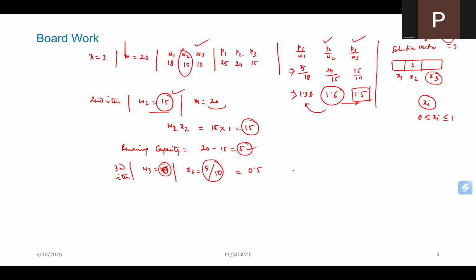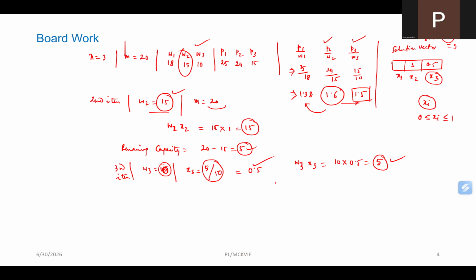How much weight can you take from the third item? It is W3 into X3. W3 is 10 and X3 is 0.5. That indicates 5, so the remaining capacity will be filled from the third item, utilizing only 5 kilograms. So X3 is 0.5.